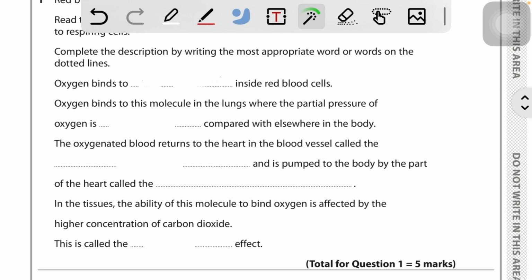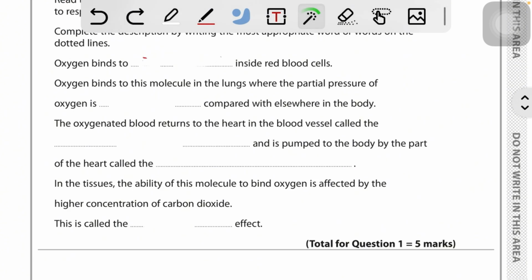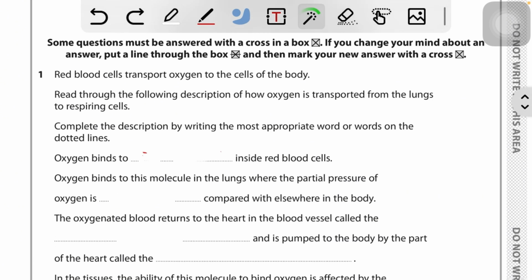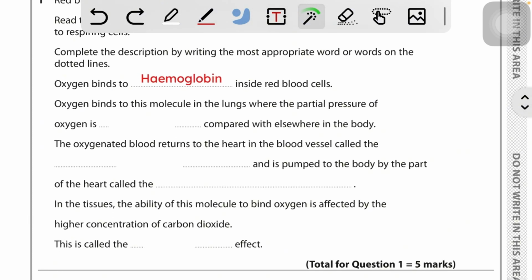Okay, if you write only iron, then the one mark will be deducted, but if you write hemoglobin, then that will be the correct answer. Hemoglobin.